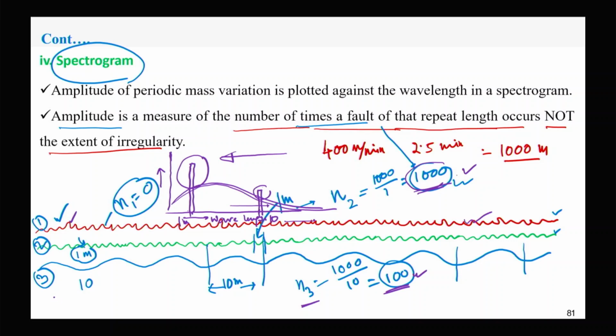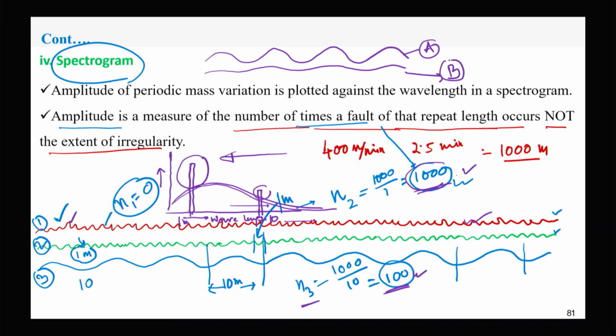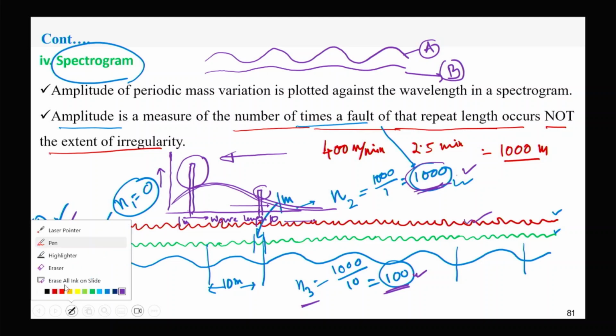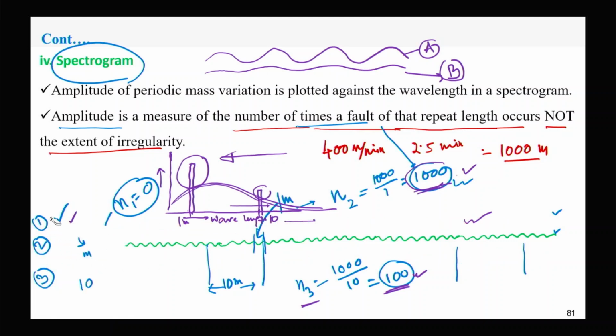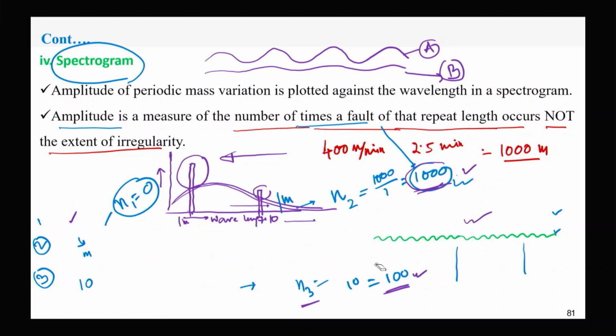Now two yarns, as I have shown earlier, with the same wavelength. This is one yarn, another yarn with a low variation. This is yarn A and another one is yarn B. These two yarns, if we test, now let me draw once again clearly.